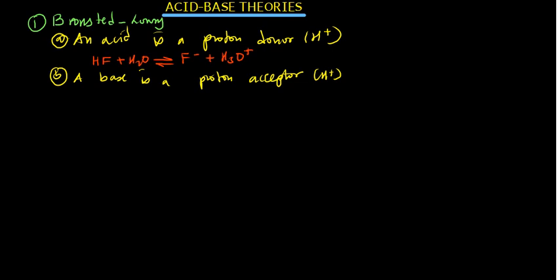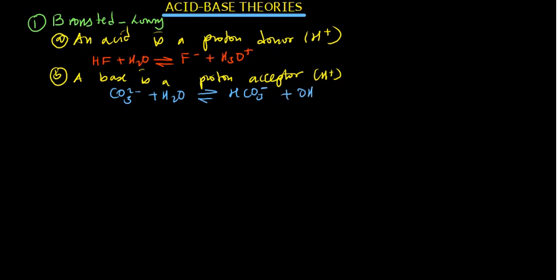For example, let's say we are talking about a carbonate and it reacts with water. What is going to happen is that one water molecule donates a proton and that becomes now HCO3 minus, and then you are going to have a hydroxide.